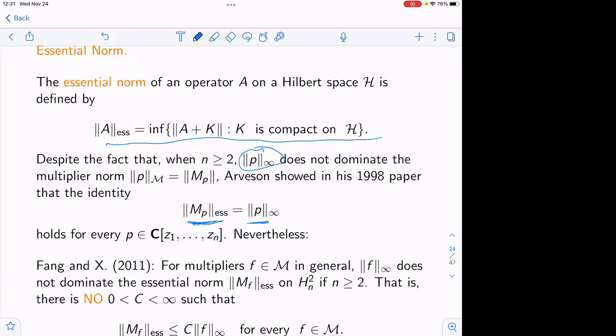This really has to do with the fact that, you heard this already, these multiplication operators commute with their adjoints, modulo compact operators. In other words, these multiplication operators are essentially normal. And you also saw this exact sequence in Michael's talk. So this inequality is a consequence of that exact sequence.